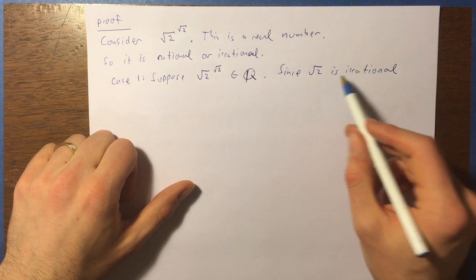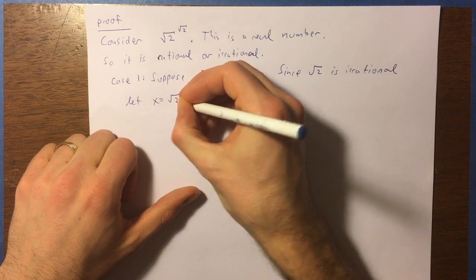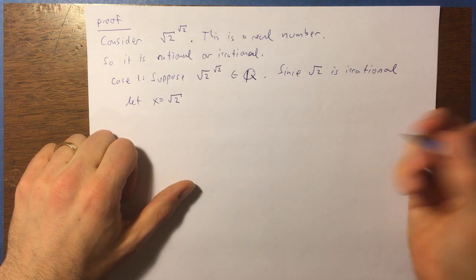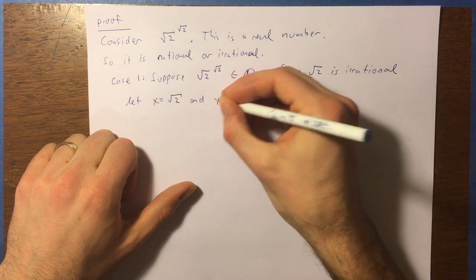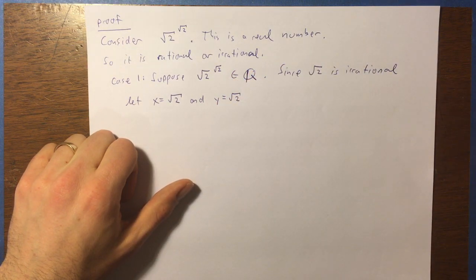So since the square root of 2 is irrational, we can go ahead and let x equal the square root of 2. That would be a valid value we could use for x. And also y equal the square root of 2. There's nothing in the statement that says x and y have to be different.